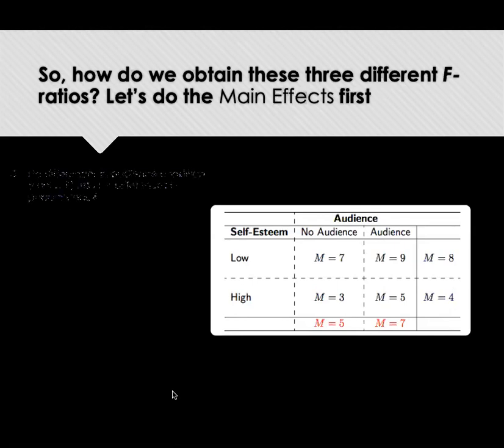And then the other main effect we're going to look at is the main effect for factor B, which is the audience. Do differences in the audience condition result in differences in performance?